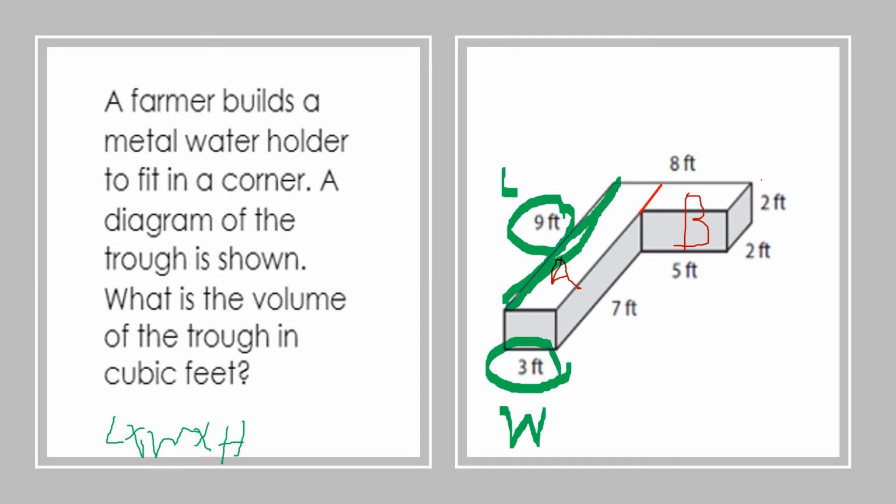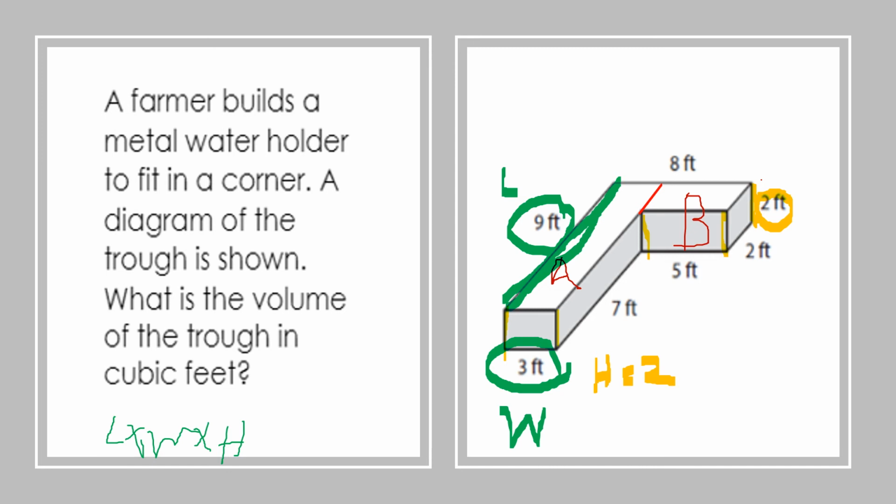But guess what? It is in here. Because you see this right here? It's all the way up here. If this is the same height, this is 2 feet, this is 2 feet, this is 2 feet, this is 2 feet, and this is 2 feet. So therefore, the height of A is 2 feet. So I'm going to put my height equals 2.